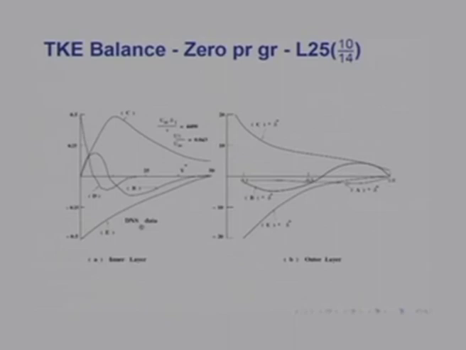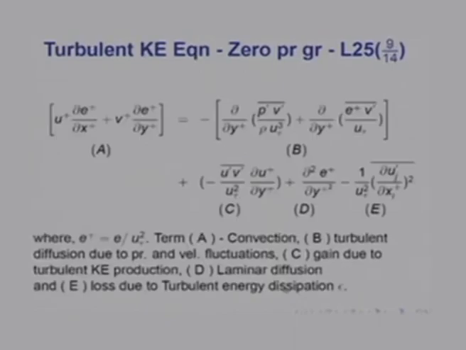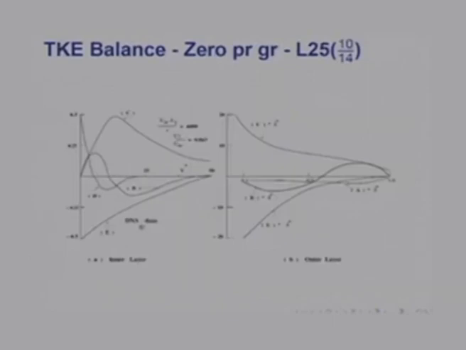Again, I am showing the inner region here, but this time going only up to y plus of 50, and then the outer region here. First look at term D. What was the term D? The term D is simply the laminar diffusion term, that is making a positive contribution to energy, but it is also becoming negative after about, let us say, y plus of 5, and therefore, its integrated value will be 0.